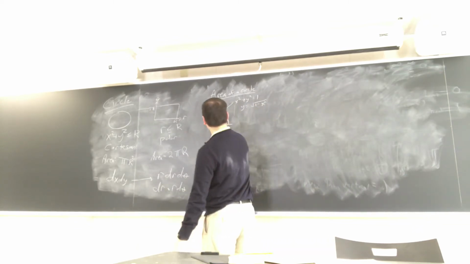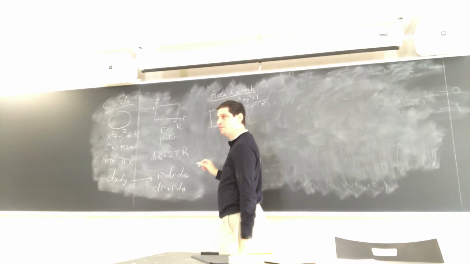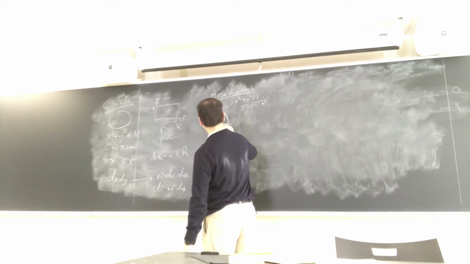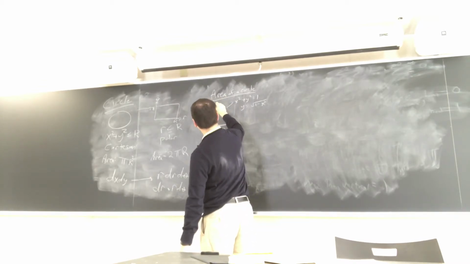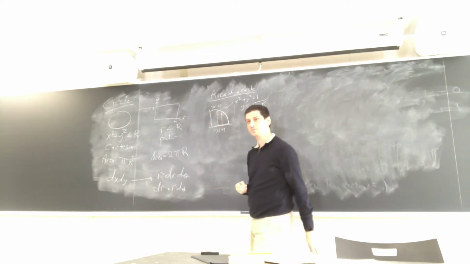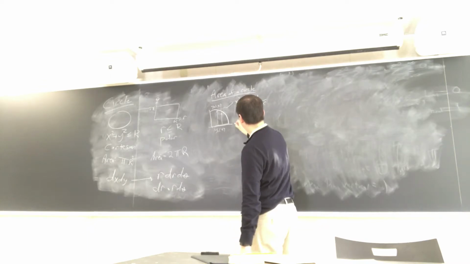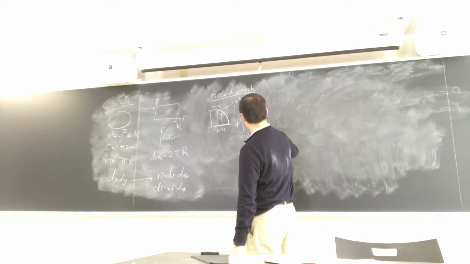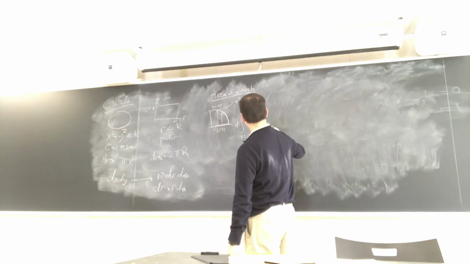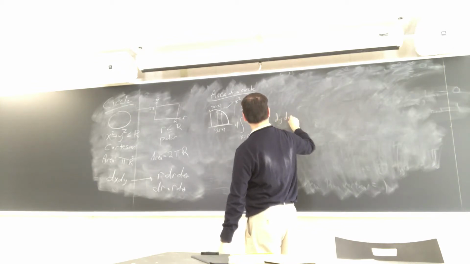If I want to do vertically simple, I need my bottom curve, my y1 of x, and my top curve, y2 of x. I fix an x, and I go up like this. So for this problem, I would have 4, x goes from 0 to 1, y goes from y1 of x to y2 of x, and you just integrate the function 1 dy dx.